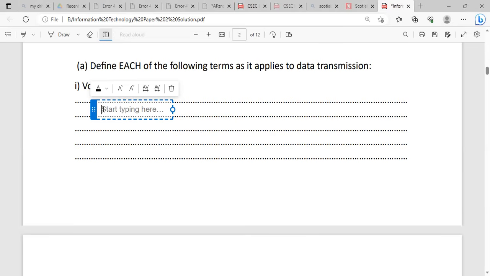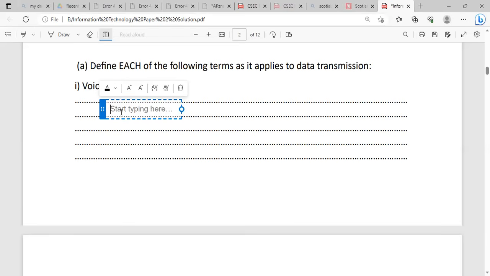So basically, guys, it said define each of the following terms as it applies in terms of data transmission. So the first one, voice band. You would have done this with a teacher, right? So what it is, voice band has a bandwidth of 3000 and can transmit data at a speed in the range of 600 to 1000 bits per second.